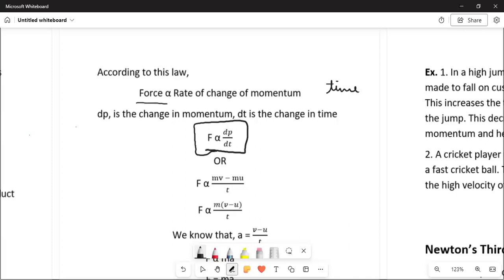Okay, so now to show this change in momentum, we can also say that it is equal to mass into the final velocity. We saw in the chapter on motion that V is the final velocity, and U was the initial velocity.